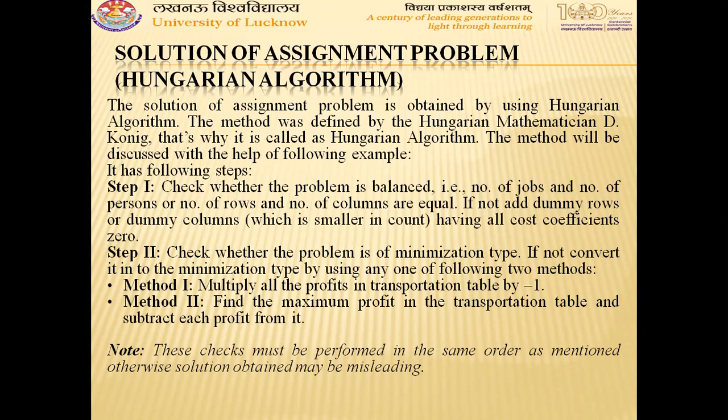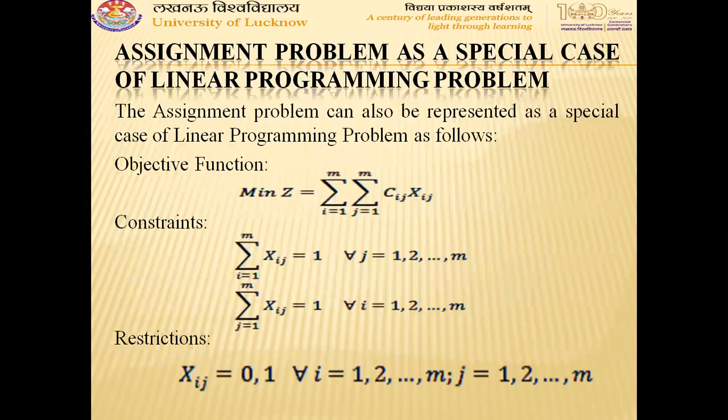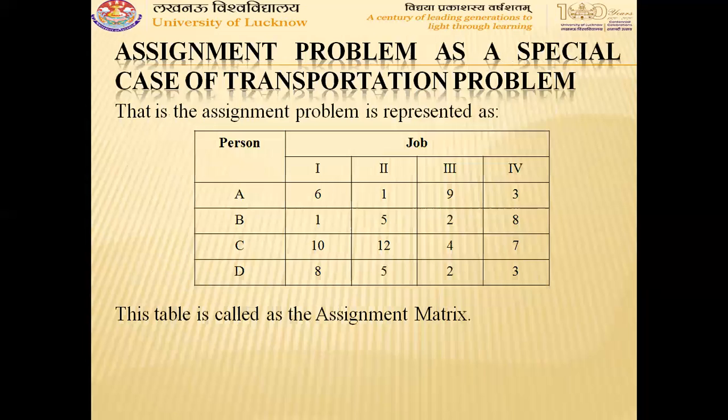That means if we consider this table as a maximization problem, then either we can multiply each and every element by minus 1, that is here it will become minus 6, minus 1, minus 9, minus 3, and so on. Or in the other method we have to find the maximum of these quantities, which you can see is 12. So we can subtract each quantity from 12.